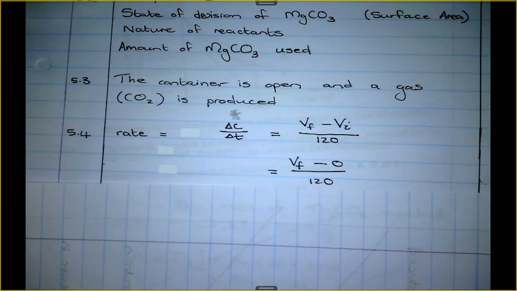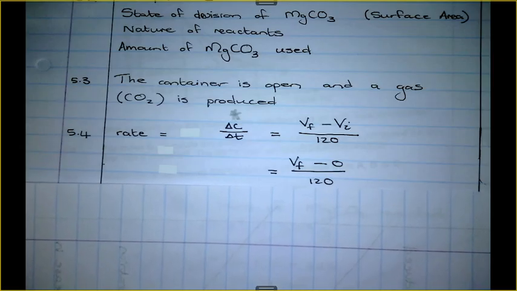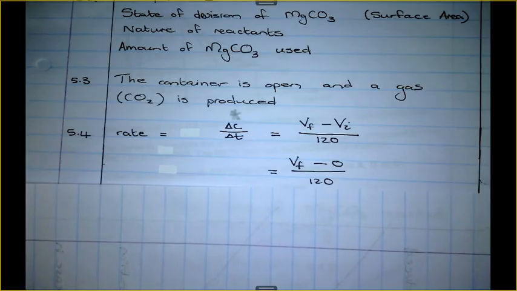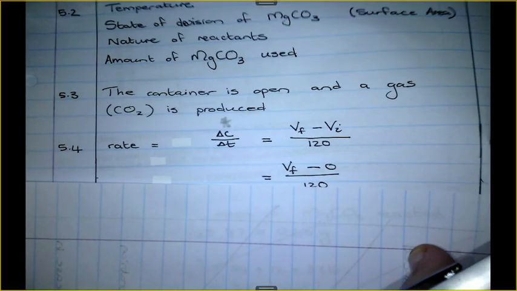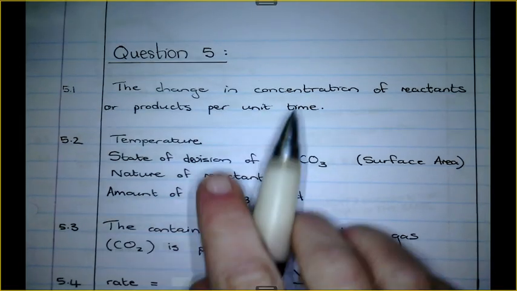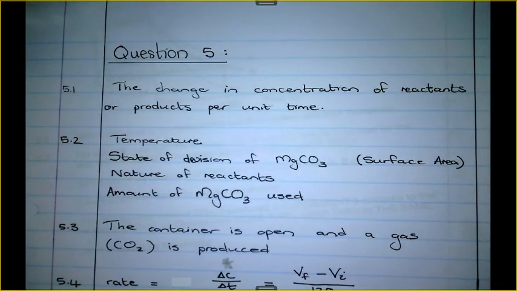Is it going to be carbon dioxide in the universe? How do we know that concentration? How do we know the volume per mole that carbon dioxide is in? That's why I have an issue with the definition, having to say it is the change in concentration of reactants or products per unit time.